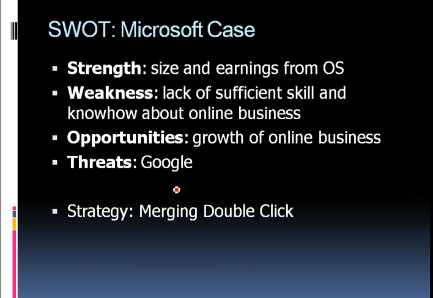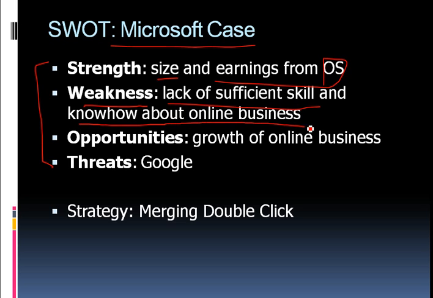This slide shows the Microsoft case SWOT analysis. Based on the SWOT analysis, the Microsoft case in our textbook says the strength of Microsoft was its size and big earnings from the operating system, but they have a weakness. The weakness is the lack of sufficient skill and knowledge about online business. So they are doing great in the operating system business, but they are not doing well in online business.